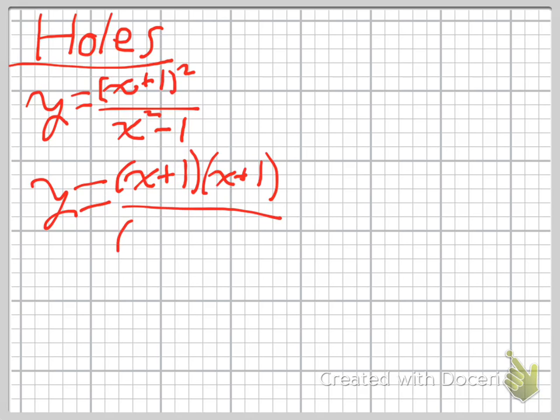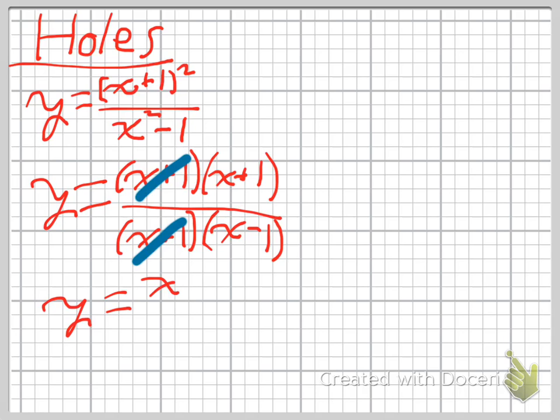We factor the bottom, we have x plus 1 times x minus 1. And what we'll realize is that you have a common factor in both the numerator and denominator. You can just cancel those right out. What you're left with is y equals x plus 1 over the quantity x minus 1.